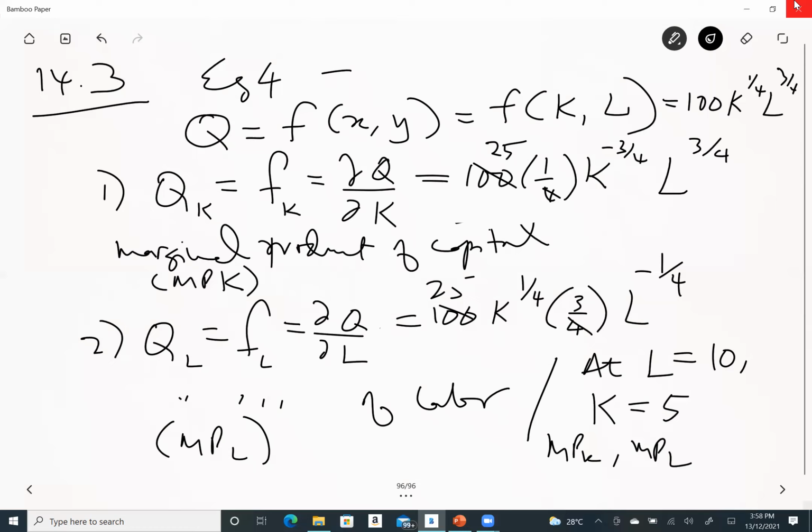Anybody get it? You can use 1 over 4, that is 0.25, and 3 over 4, that is 0.75, so you can use decimal point. Okay, anybody get the value?